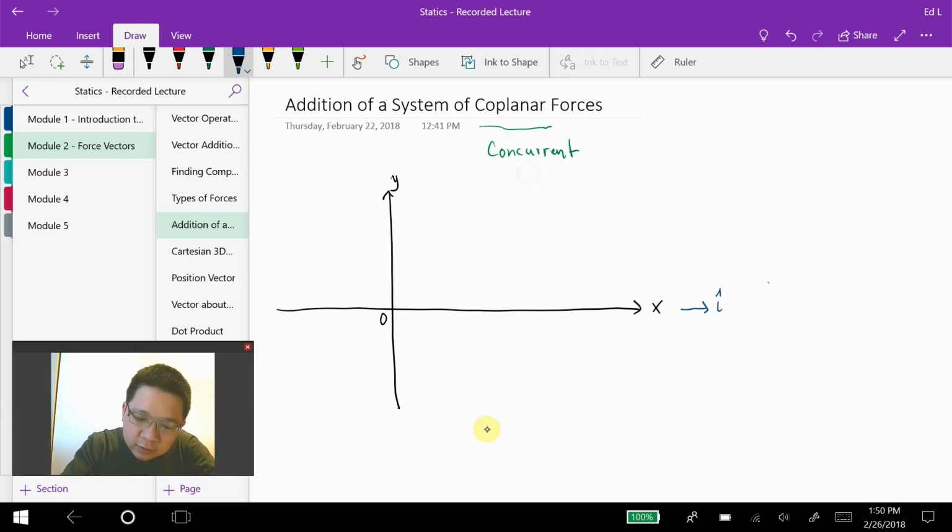The unit vector along the y-axis can be represented as j, and note that I use a hat over here to indicate that it is a unit vector.